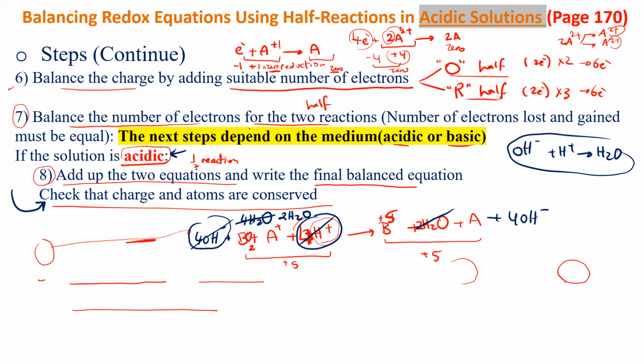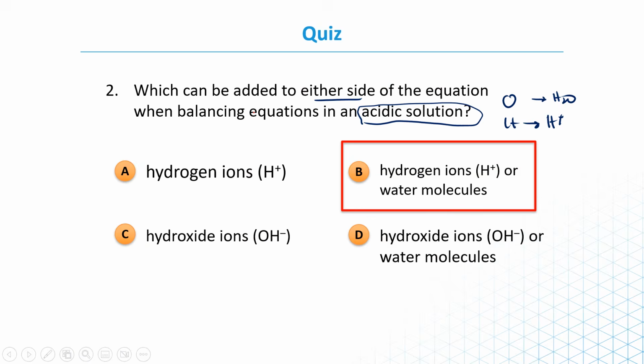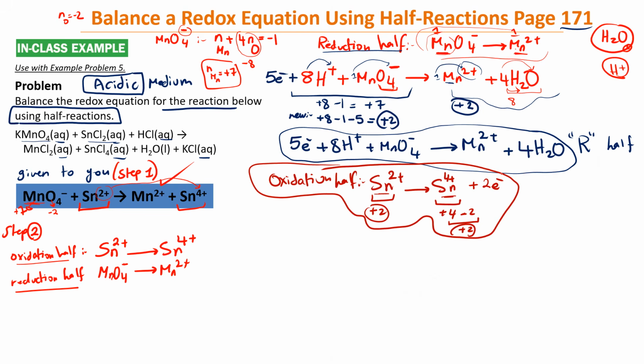What does this step mean? It means the number of electrons in the oxidation half must equal the number of electrons in the reduction half. Okay? We need to do that. We need to make them equal. Here I have 5 and here I have 2. What's the nearest multiple of 5 and 2?